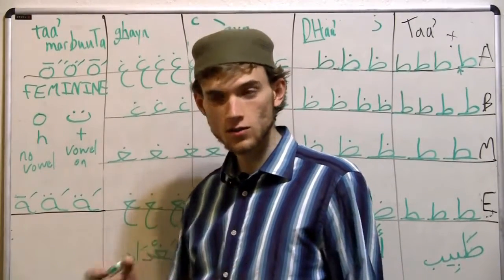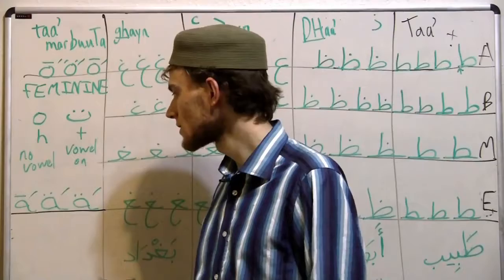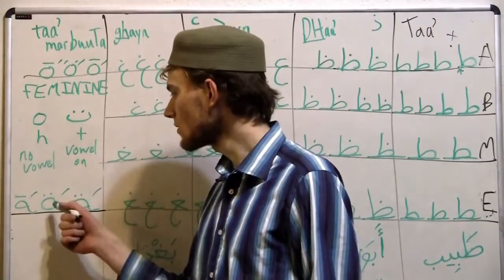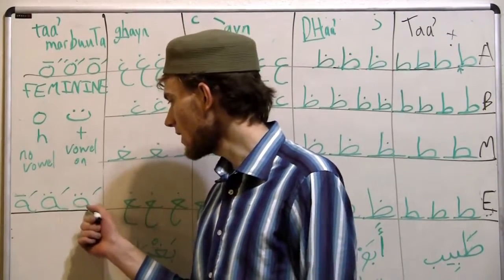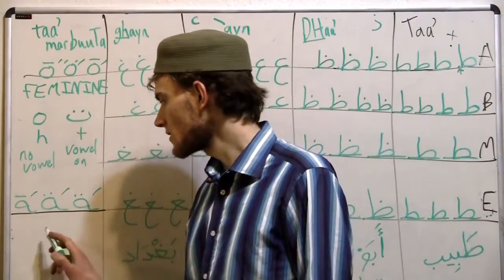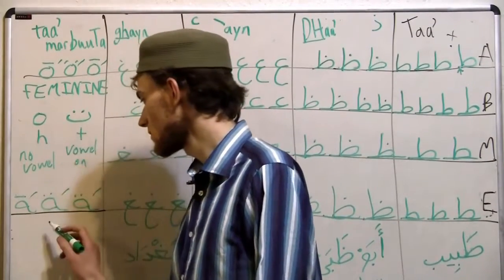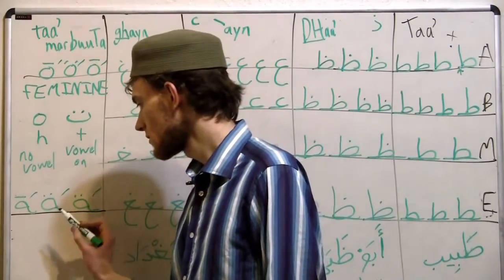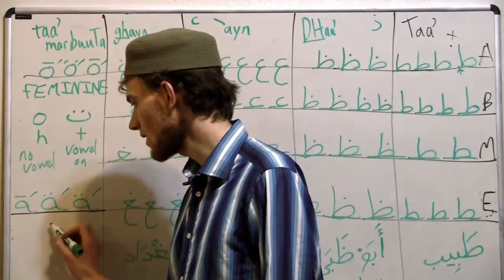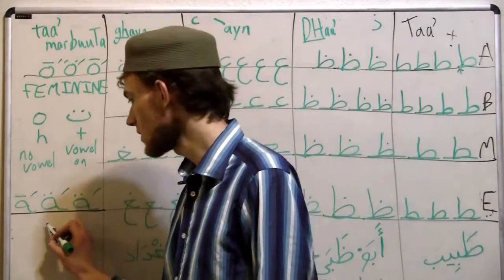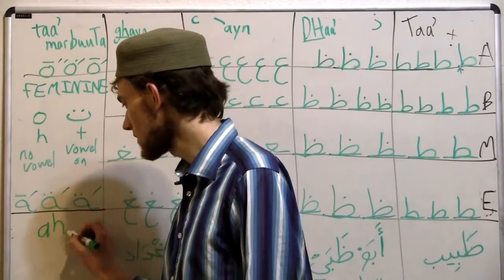And so, in conclusion, whenever you see this symbol, this ha with two dots on it, if we're not saying a vowel on it, after it, it's going to be pronounced as ah.